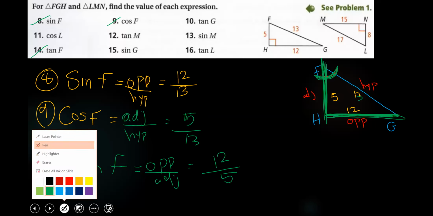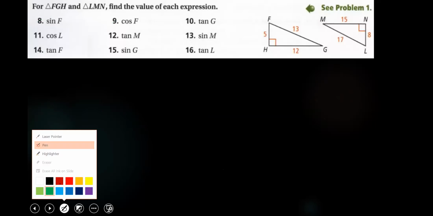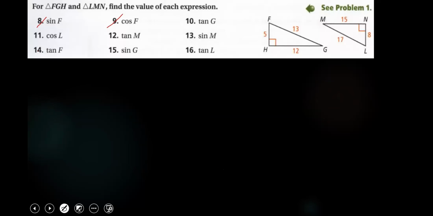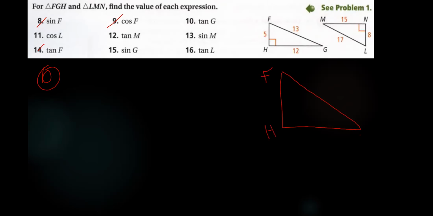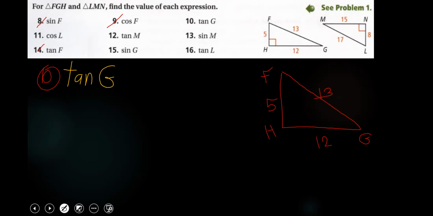Now let's solve number 10. In number 10, I want to find tan G. This is the triangle. This is F, this is H, this is G. This is 12, this is 5, and this is 13. To find tan G, what do you have to do?